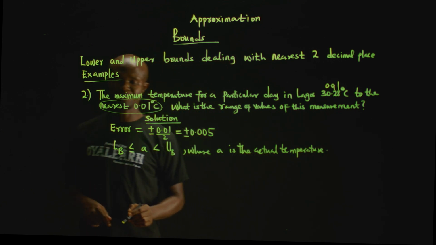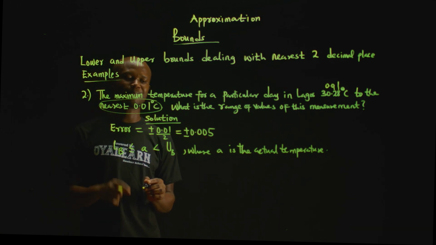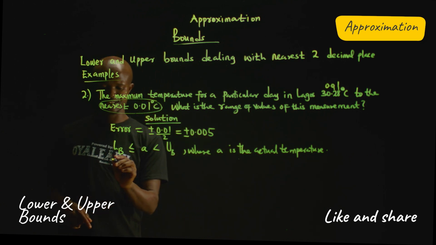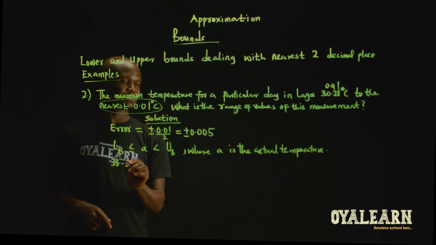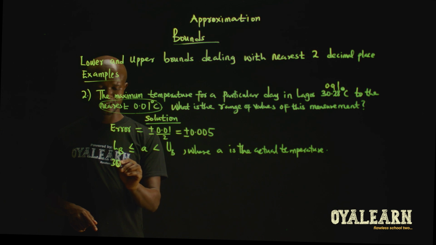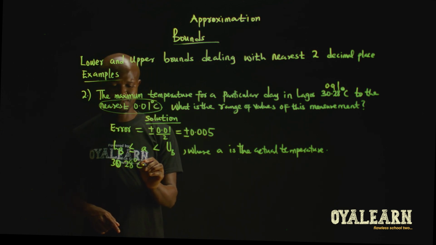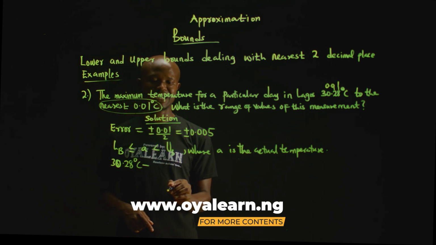Now, if A is the actual temperature, the lower bound is going to be what? We have this to be what? 30.28 degrees Celsius, then minus, what do we have here?